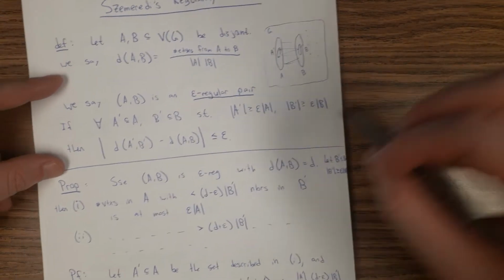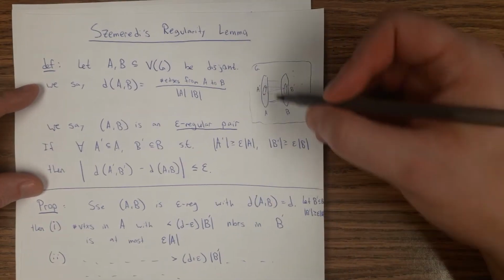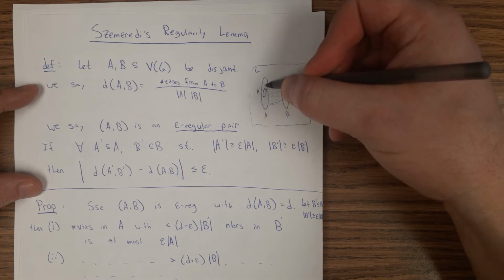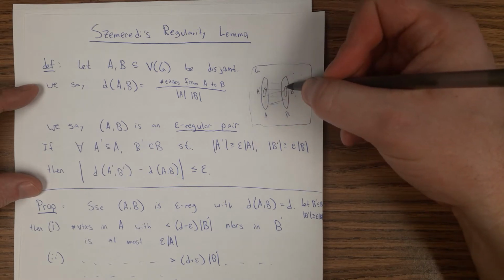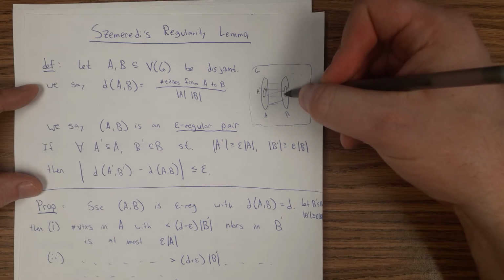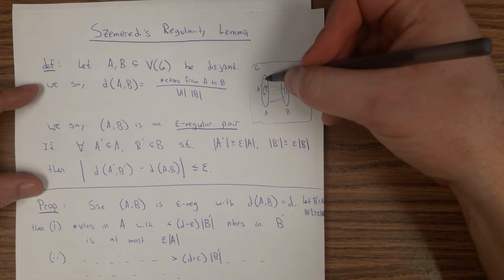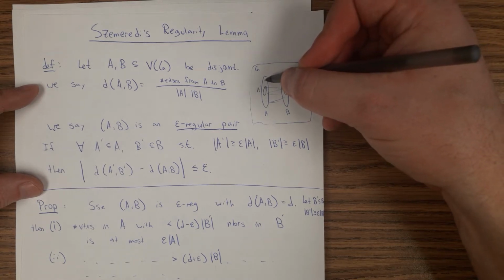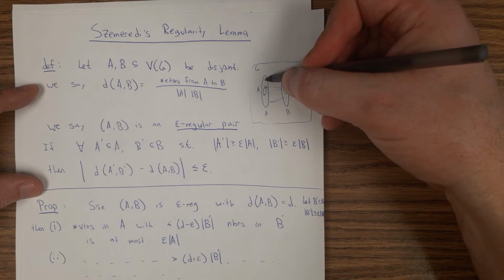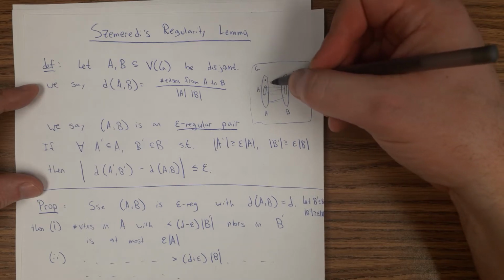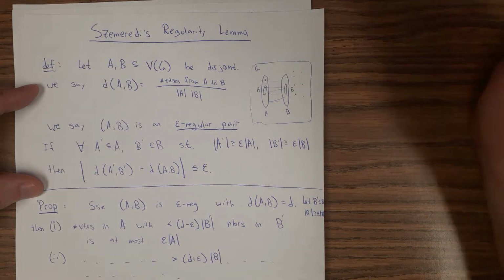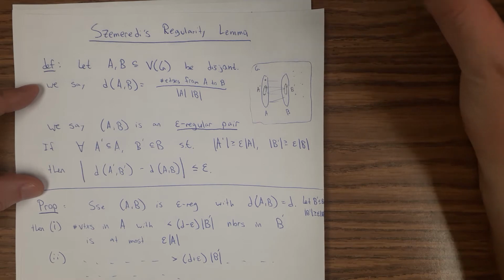If I just pick any vertex in A, and I look at how many neighbors it has in B prime, how many neighbors do I really expect to see? Well, there's the size of B prime many possible edges that could go into B prime, and then we have this proportion D telling us the proportion of edges that are there, roughly speaking.